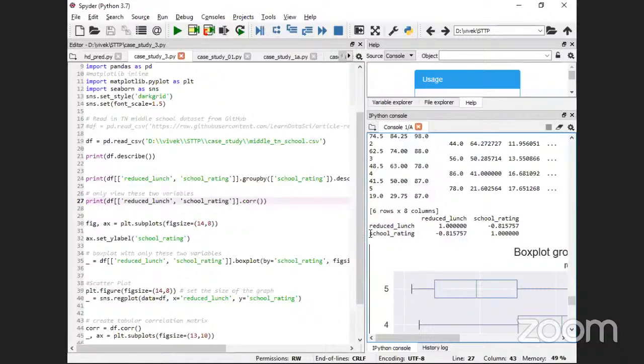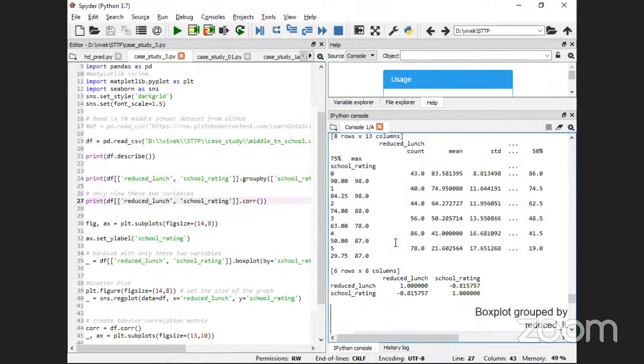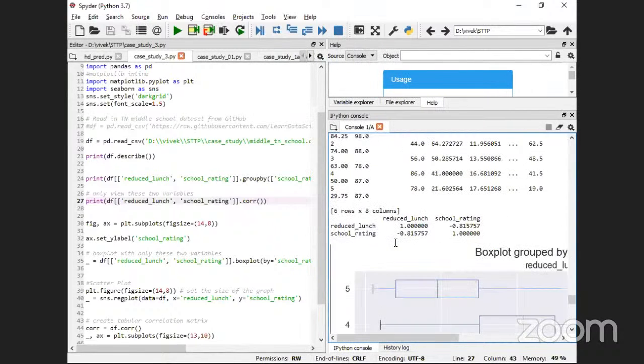It means more students are given lunch due to poverty or other reasons, which impacts their academic performance. So when there is more poverty existing in that region, the school rating is getting down.